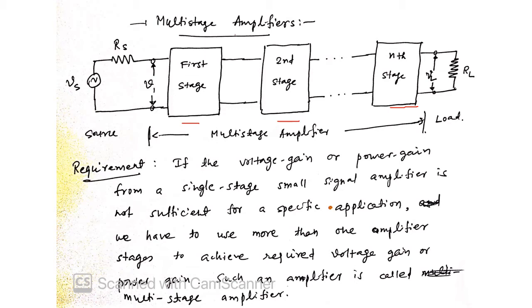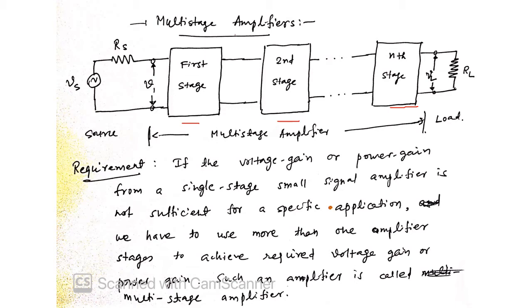We need this when the voltage gain or the power gain from an individual amplifier stage is not sufficient for a particular application. That means we want very high voltage gain or very high power gain. In that case, it could not be provided through a single stage small signal amplifier, and we need to connect them sequentially.